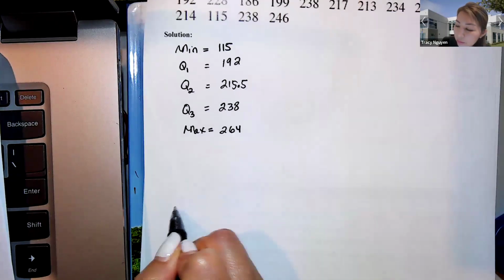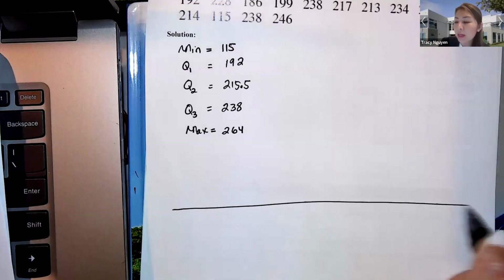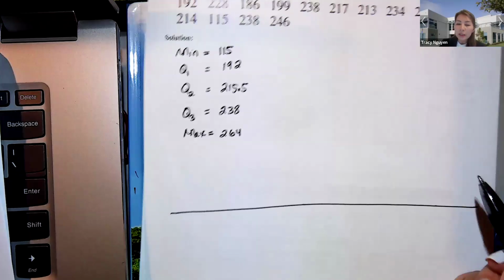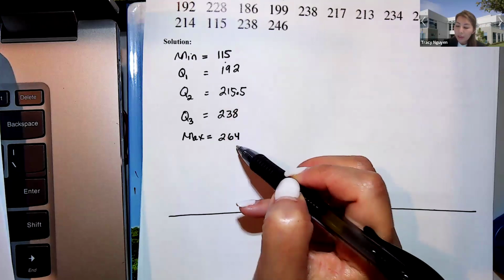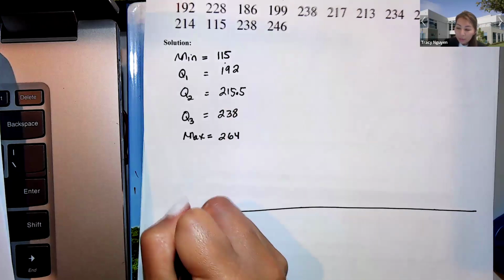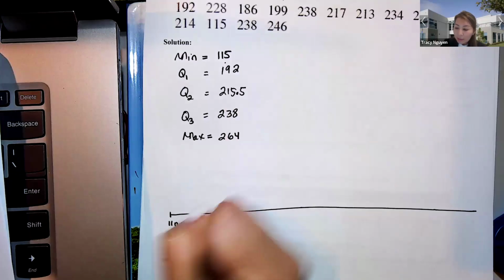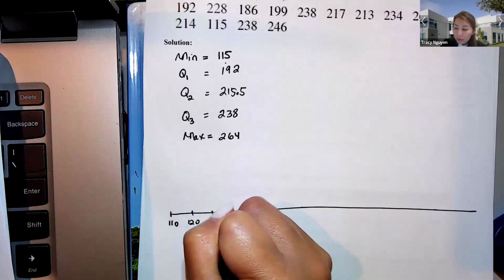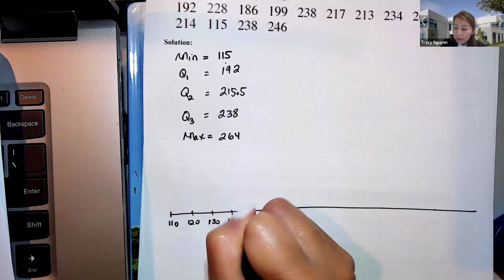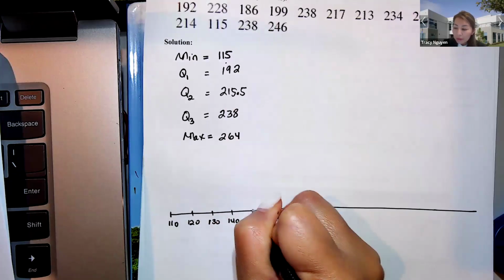So what you're going to do, you're going to draw a number line. And what you notice here, we're ranging from 115 to 264. I'm going to go ahead and start off with 110. And the best thing about it, when you do your graph on Alex, you don't have to worry about creating the grid. The grid is already created for you.